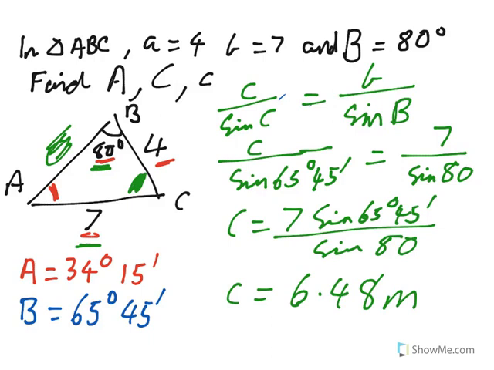for the sine rule. However, there's always a twist, and the twist here is there's a thing called the ambiguous case.